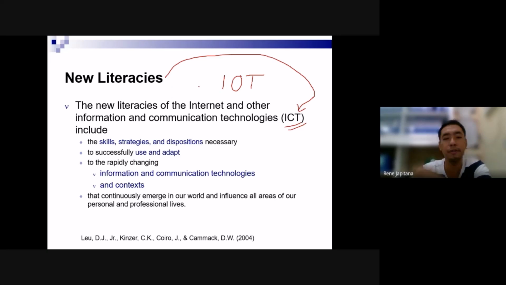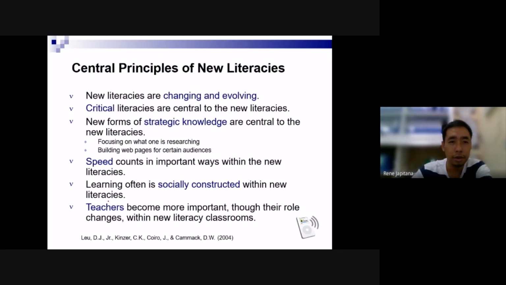Dagan na kayo kabag-uhan karon. Okay, changing and evolving, correct? Because our literacy is liquid, because it always changes.